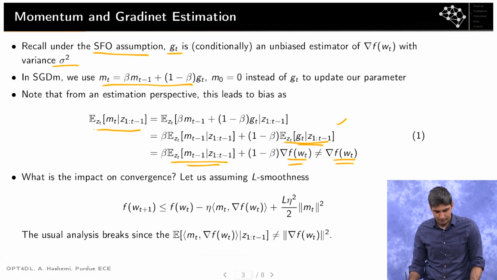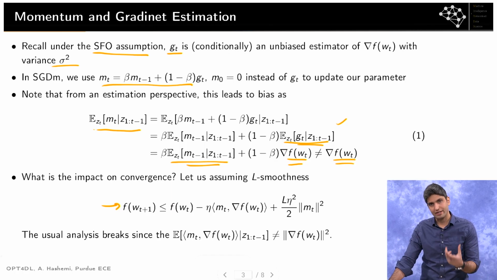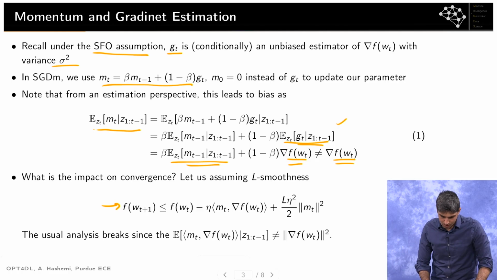So let's assume that our function is L-smooth. This was basically the first step in analyzing both gradient descent and stochastic gradient descent for L-smooth functions that were not necessarily convex. The idea is that we can use the smoothness to study the progress we are making by updating our parameter from one iteration to the next.